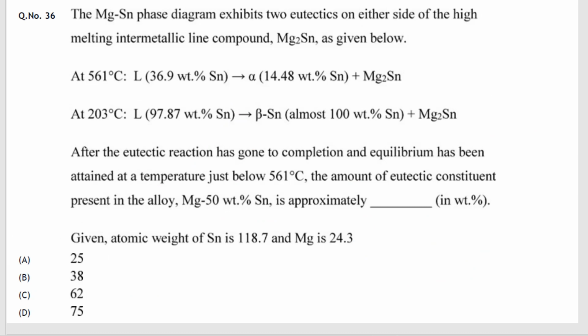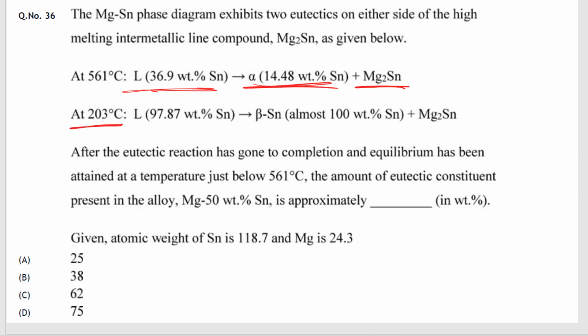Okay, the Mg-Sn phase diagram exhibits two eutectics on either side of the high melting intermetallic line compound Mg2Sn as given below. So these are the conditions. At 561 degrees centigrade, the first eutectic observed, where liquid is changing into alpha and Mg2Sn.